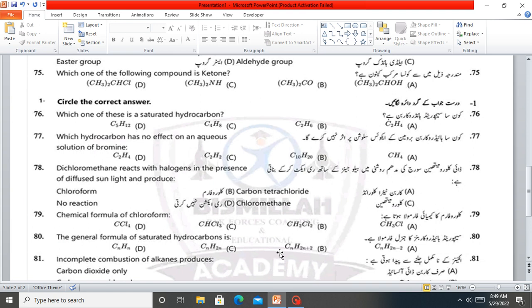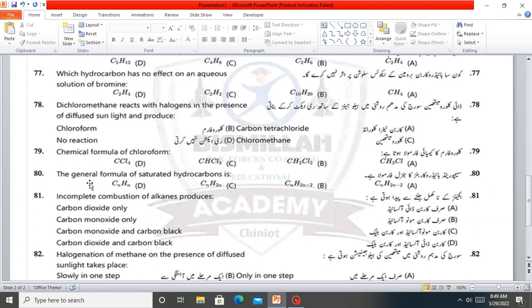This is the formula for all saturated hydrocarbons or all alkanes. Incomplete combustion of alkanes produces what? When alkanes are incompletely combusted, you're going to produce carbon monoxide and carbon black. The answer here is C, carbon monoxide and carbon black.